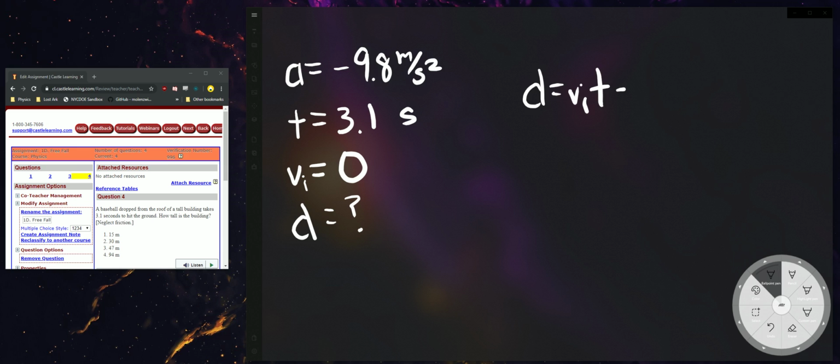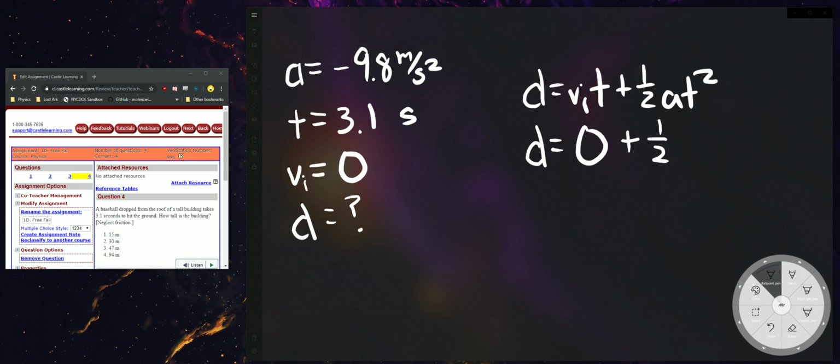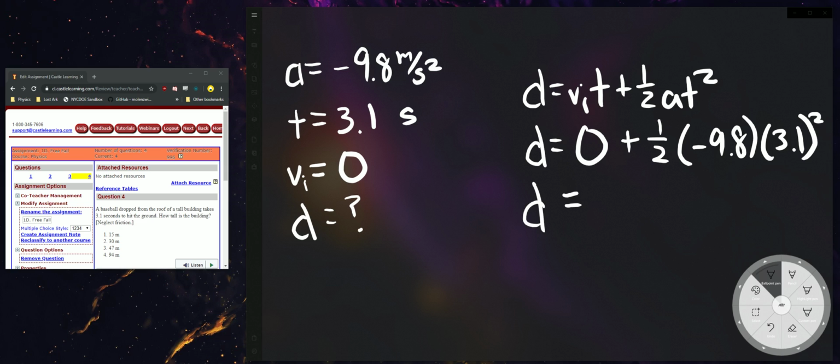So we have this. D is equal to 0 times anything, which is 0, so I'm not going to substitute for t. Then, 0, negative 4.9, 3.1 squared.